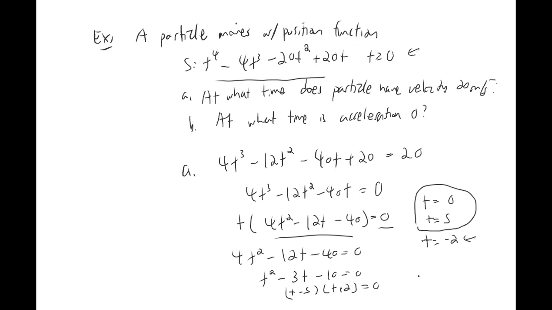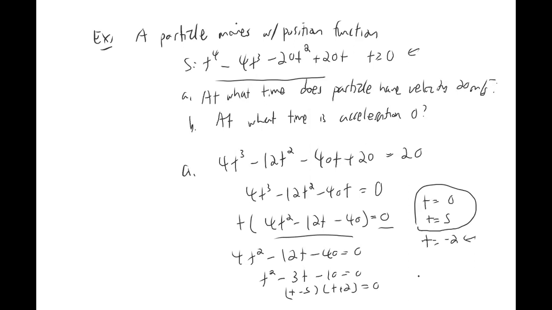I wrote t bigger than or equal to 0 here, but even if I didn't write this, you can't have negative 2 seconds, right? It doesn't make sense to have negative time, or else there's time travel. So time is always positive, right? So it's t equals 0 and t equals 5.